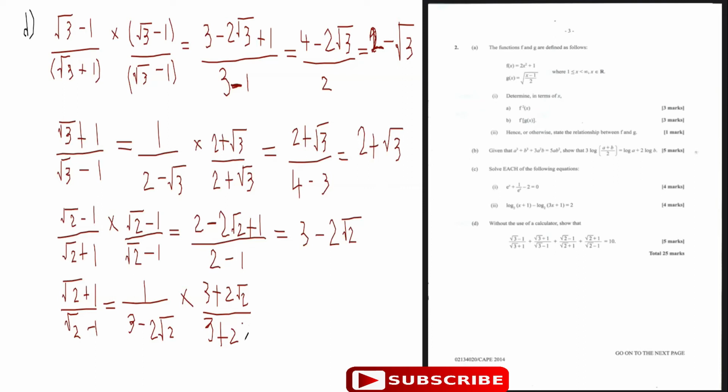So what do I get? The numerator works out to be 3 plus 2 root 2, over the difference of squares: 3 squared is 9, minus 2 root 2 squared, which is 8. And so that just works out to be 3 plus 2 root 2. So good, we're really nice.